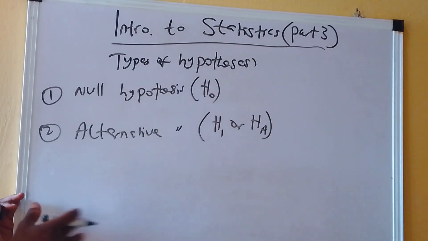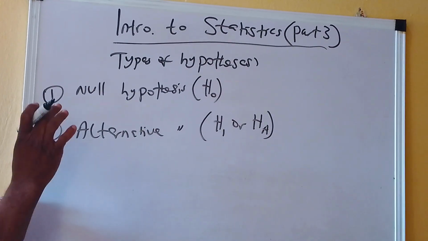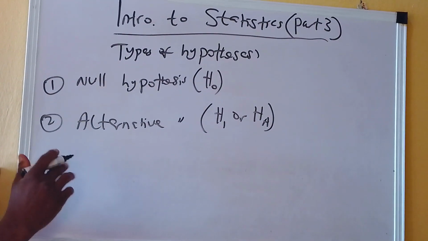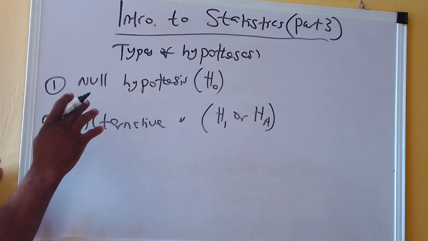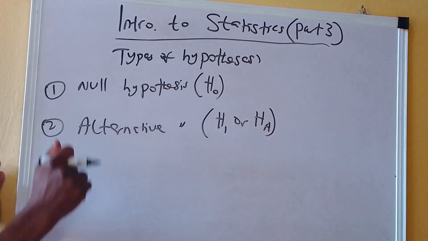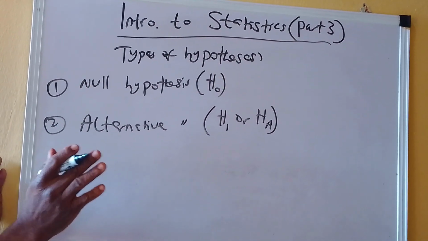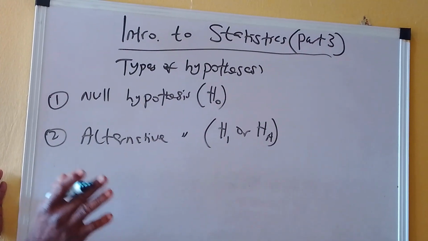At the end of the day, you carry out your test and you decide which of them to accept or reject. That's what we call decision rules. We'll go into that when we get to statistical inference. Hypothesis testing is a topic of its own to be treated another day.